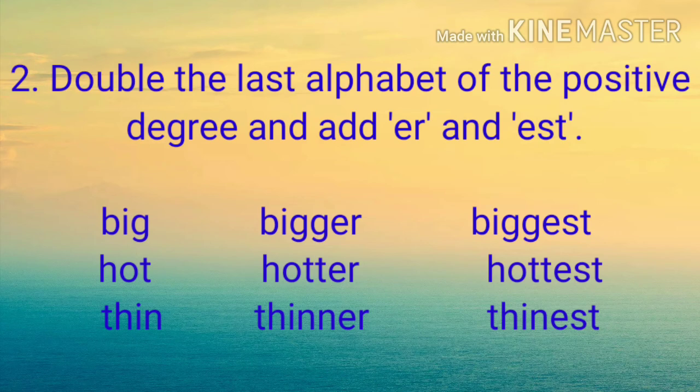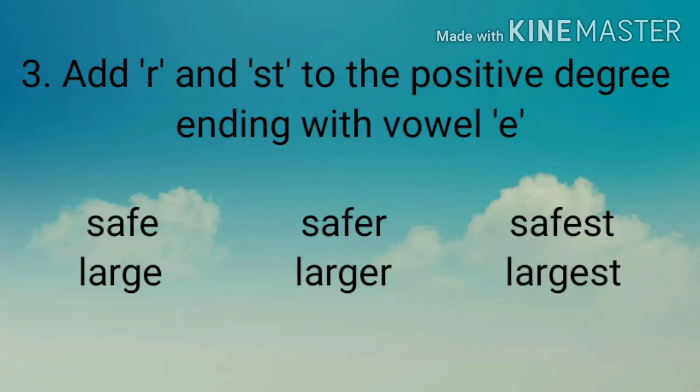The next point is when the last letter of the positive degree is E. Then we simply add "r" to the comparative degree and "st" to the superlative degree. Like safe.